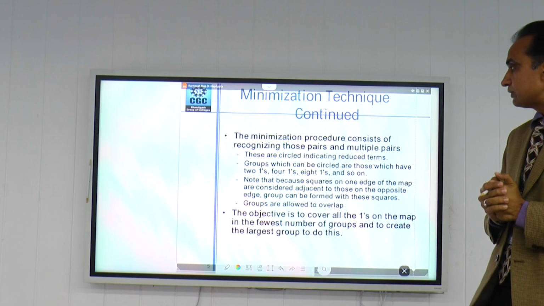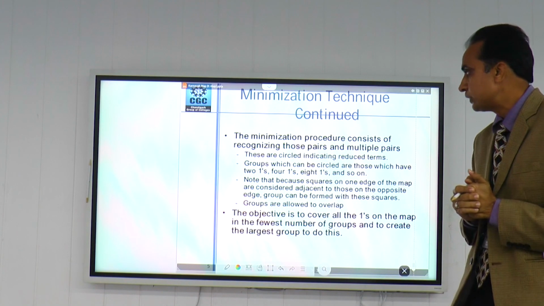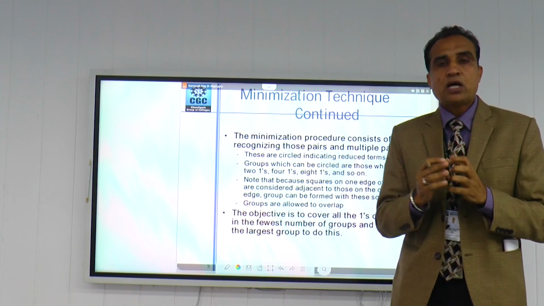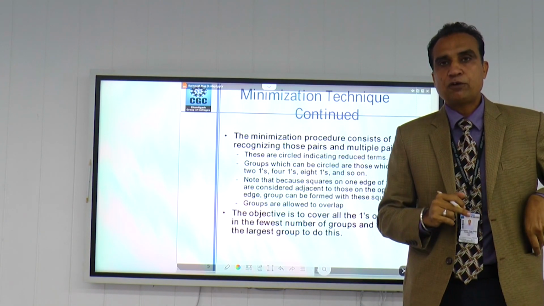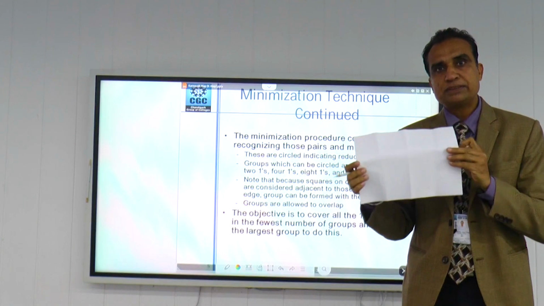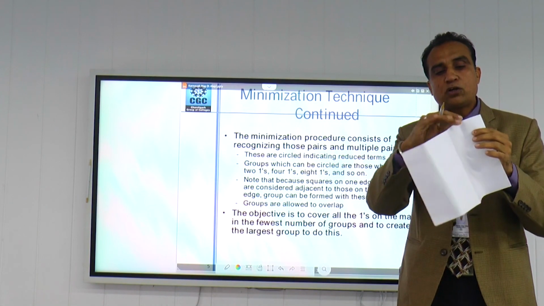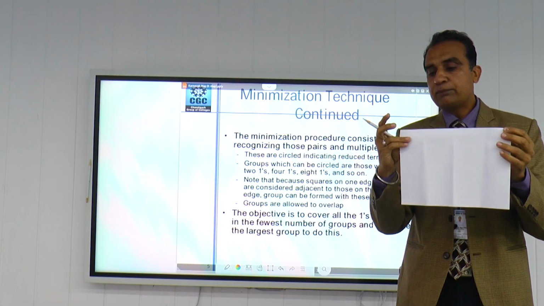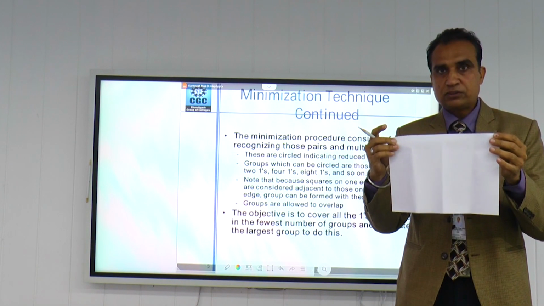Note that squares on one edge of the map are considered adjacent to those on the opposite edges. For example, we are going to represent a K-map in the form of a square grid. For example, this paper is used to represent a K-map. Now, adjacent means the corners of this paper. For example, one square grid at this corner and the other square grid on this corner.